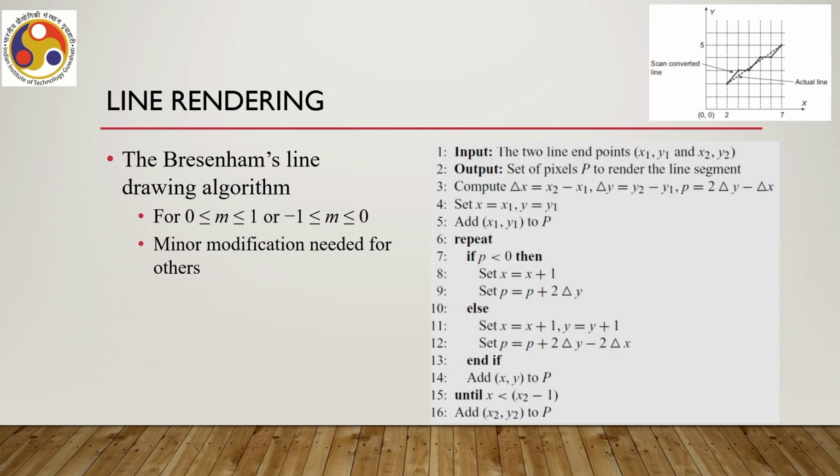Now, line rendering is one of the most common activities that take place in image rendering under the purview of computer graphics. So, line rendering is the basic of any image rendering.